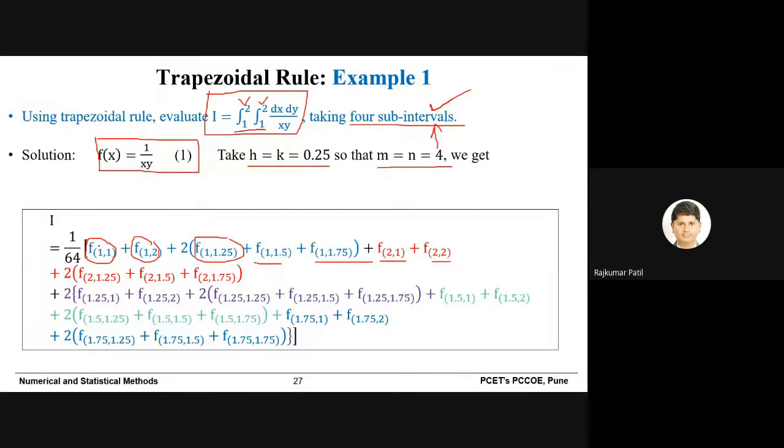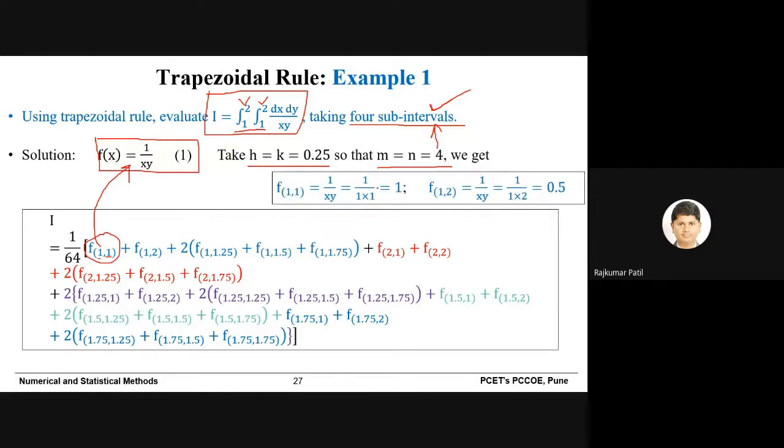You will put x equal to 1, y equal to 1 in equation number 1 to get f11. So you can see here, f11 is equal to 1 upon xy. So x is 1, y is 1, and when you simplify it, you will get f11.